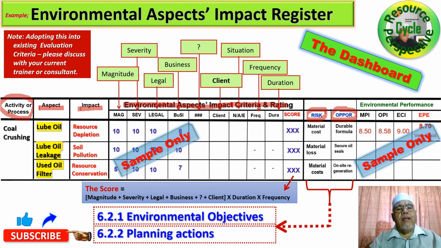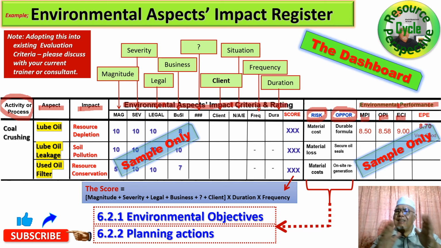for each aspect: what risk have we and what opportunity have we? And also I have included what is called environmental performance. Remember, the intended outcome didn't mention environmental performance. So we have it there. MPI is Management Performance Index, OPI is Operational Performance Index, and ECI is Environmental Conditions Index.